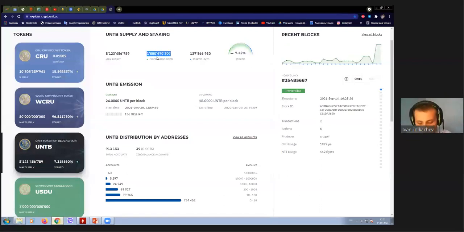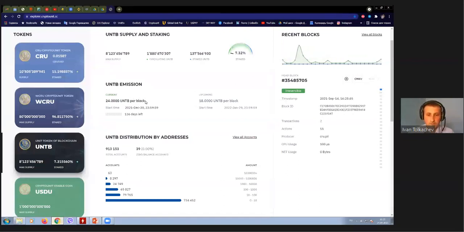Currently, almost 2 billion is in circulation, which is approximately 23%. So 23% of the maximum issue is in circulation, meaning that 77% are still to be produced and allocated across different holders.